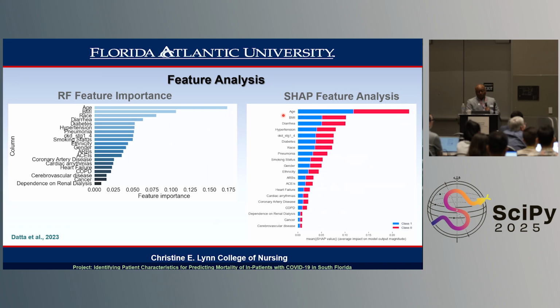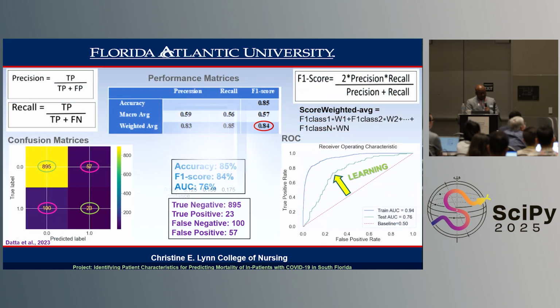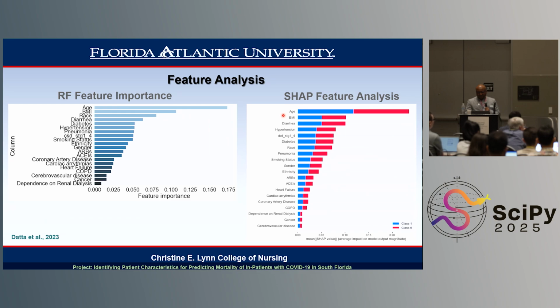It is a post hoc method, as we use in statistics. After you run your machine learning model, you get the performance metrics: accuracy, F1 score, area under the curve. After that, you go to the feature analysis to see which features are important.